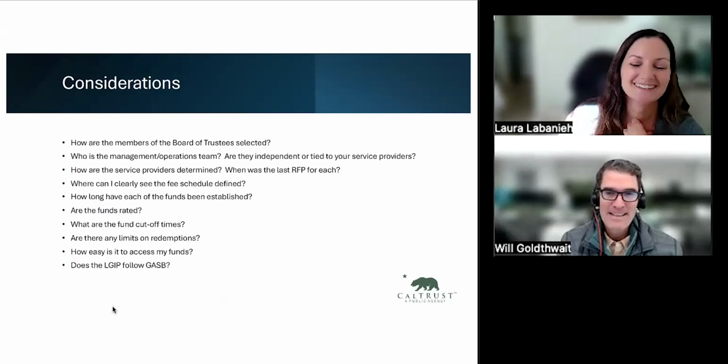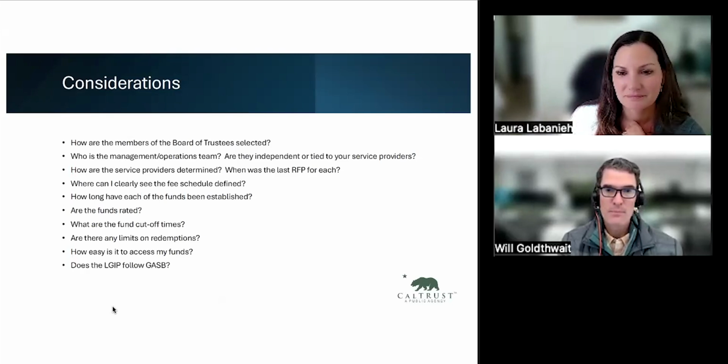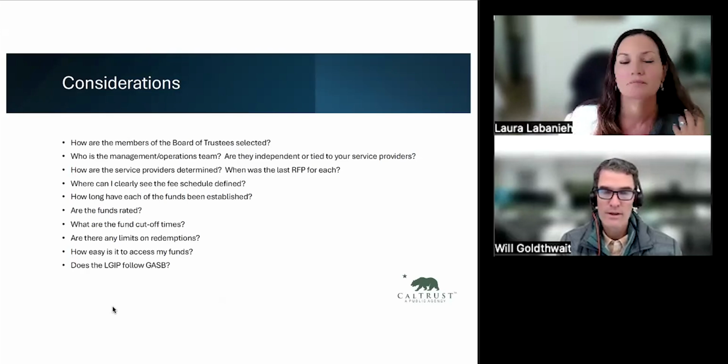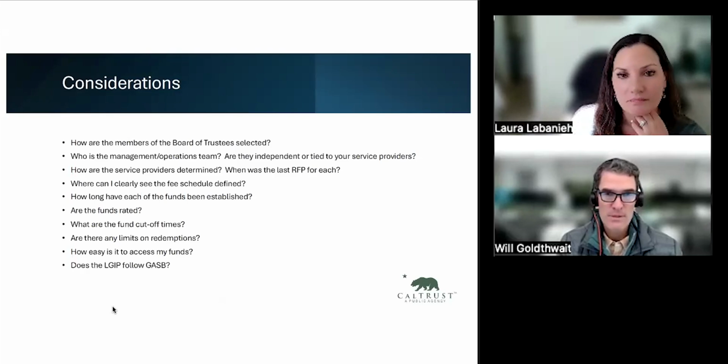It is a reasonable amount of work. And I think picking a liquidity pool, whether it's a California JPA or an SEC registered pool, does take some work. You do have to go and pull all of the documents that the fund provider is required to give you, and then they could give you additional information.